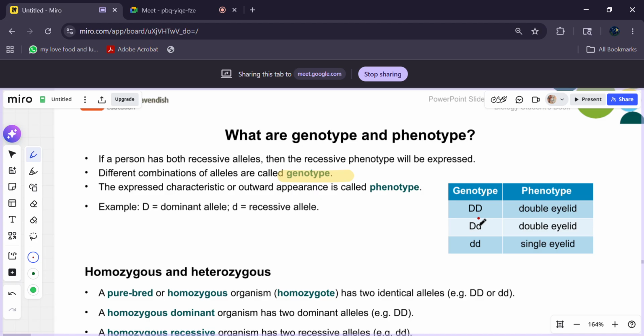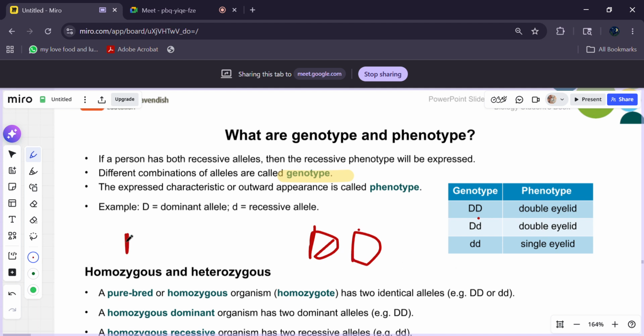In this case, the double eyelid is dominant, while the single eyelid is recessive. So which type of eyelid is expressed? Well, in DD, this means the double eyelid, and the double eyelid is the dominant eyelid. So which is expressed? Obviously the double eyelid, since both are dominant.